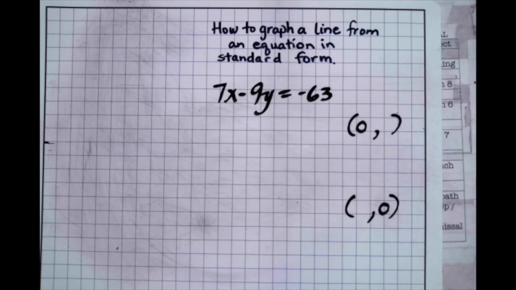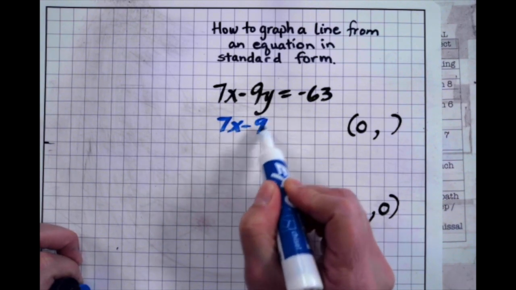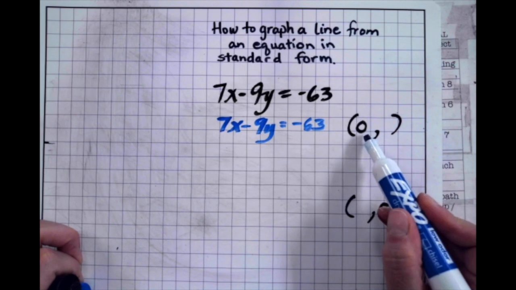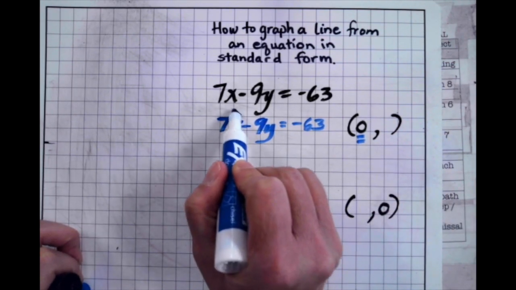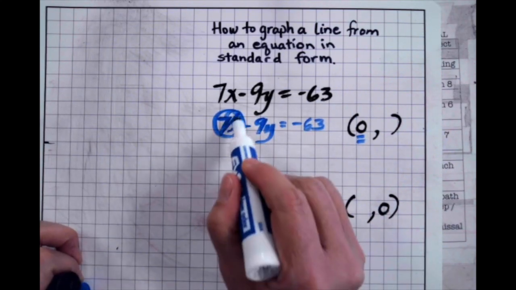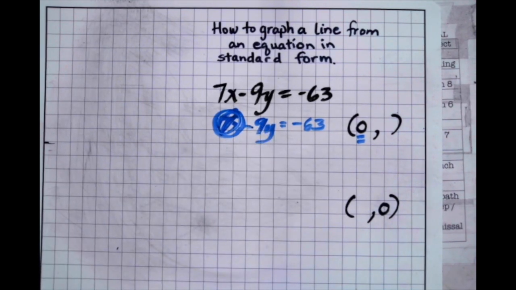Next, I'm going to rewrite the equation 7x minus 9y equals negative 63. And since there's a 0 in the x spot, I'm going to take this x portion of the equation and make it a 0. So now all I have left is negative 9y equals negative 63.